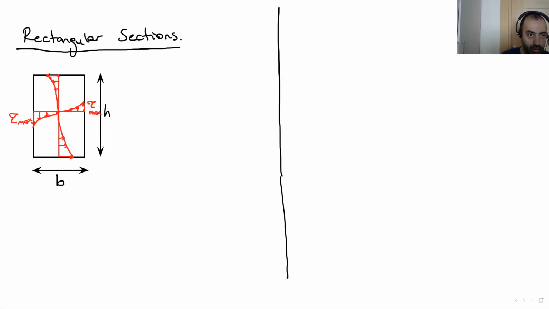To calculate the tau max, we have an equation. You don't have to memorize this one. If you need it in your professional life, you can take a look here. There's a coefficient here, which is mu1.